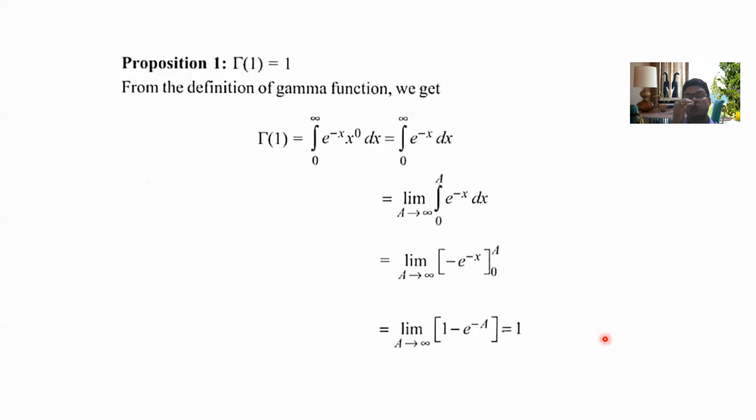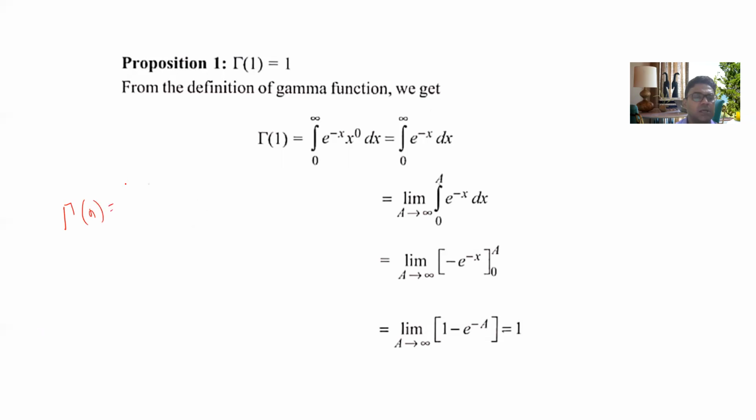Now there are some properties you have in the gamma function. Gamma 1. So gamma n, here n equals 1. From the definition, gamma 1 is equal to the integral from 0 to infinity. What is your formula? Try to understand. Very simple.